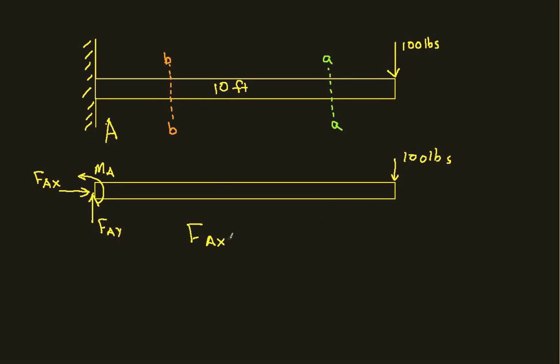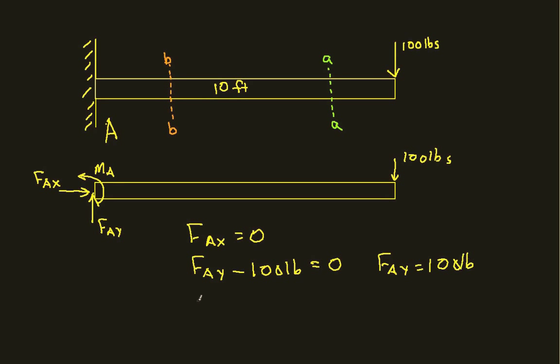There are no other forces in the x direction, so the sum of the forces in the x direction is 0, which says that FAX is equal to 0. If we sum the forces in the y direction, we have FAY minus 100 pounds, and that's equal to 0, which tells us then that FAY is 100 pounds.